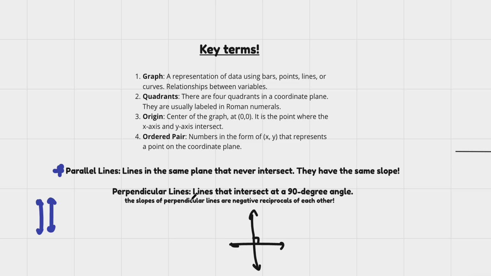The slopes of perpendicular lines are negative reciprocals of each other, and the slopes of parallel lines have the same slope.